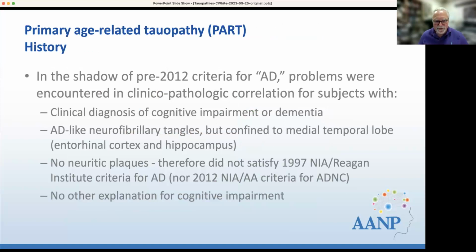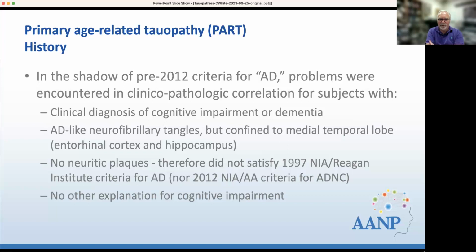Now, the history of the way this entity developed was really based on the problematic situation created by Alzheimer's disease being a clinical pathologic entity, because many neuropathologists were beginning to discover that they would go to CPC conferences with their clinical colleagues who would present a patient who had a clinical diagnosis of cognitive impairment or dementia.